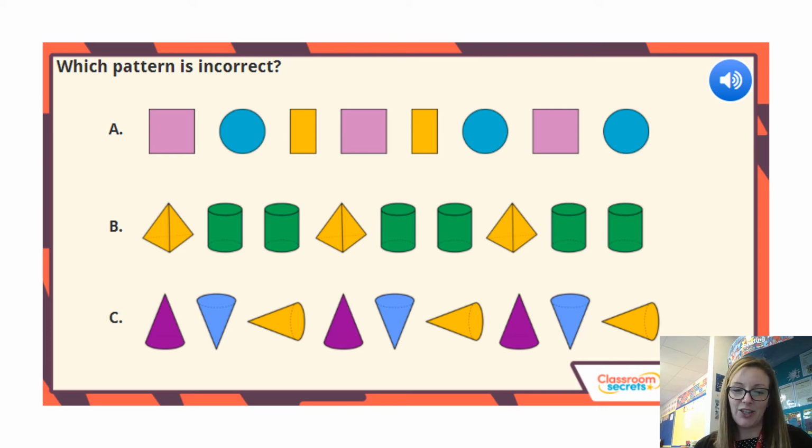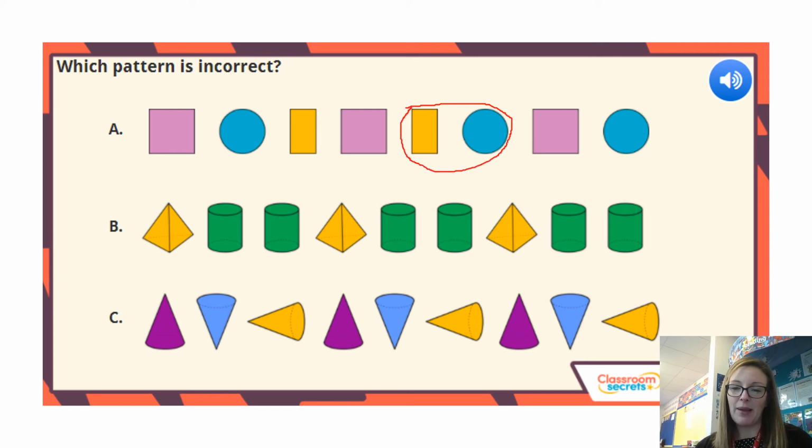Okay, let's have a look at the answer then. You can see in my first pattern, in pattern A, we have a square, a circle, a rectangle, a square, ooh, what should come next? I can see that here there's a little bit of a problem.